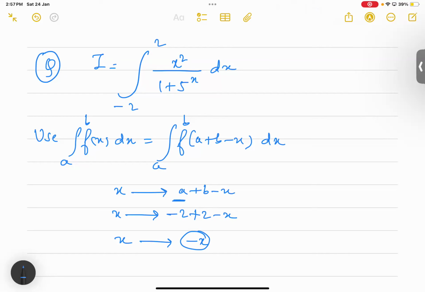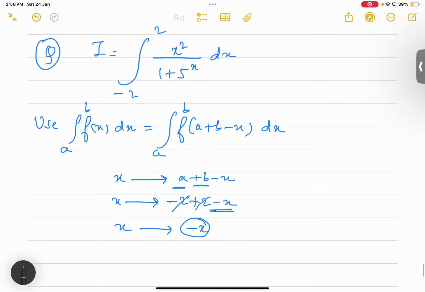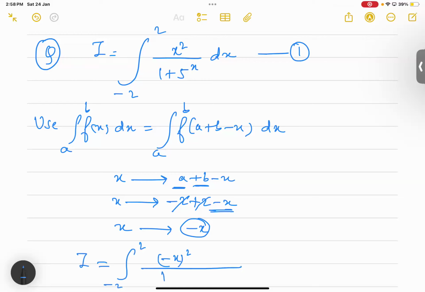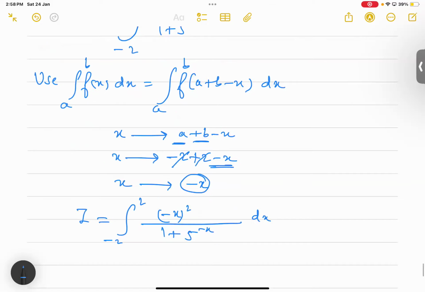A is -2. What is b? 2. This is a and this is b, right? Both are getting cancelled, leaving minus x. So this is integration from -2 to 2 of minus x the whole square upon 1 plus 5 raised to minus x. Wherever there is x, put minus x.